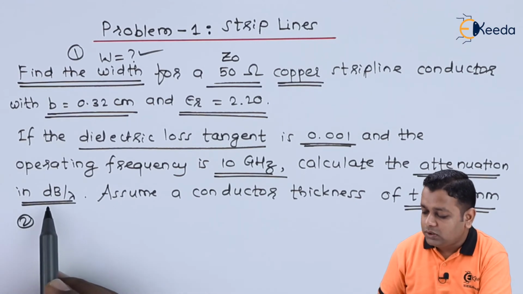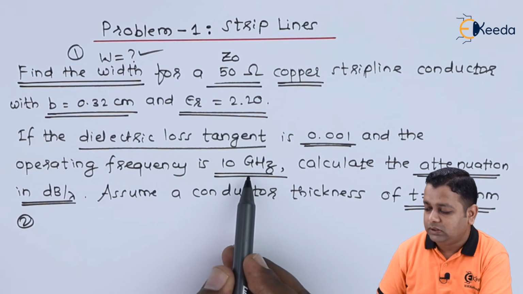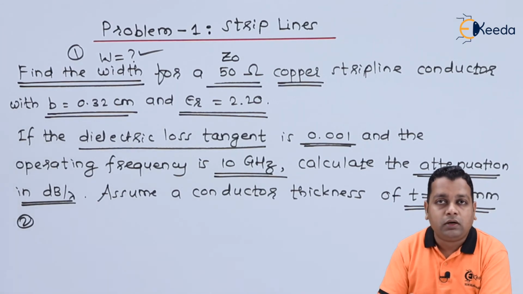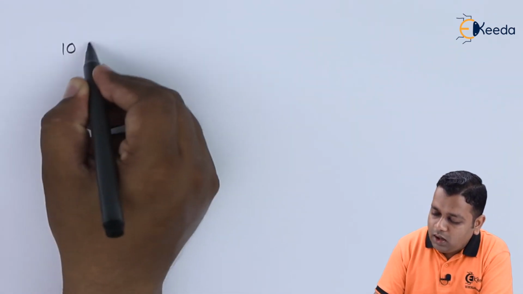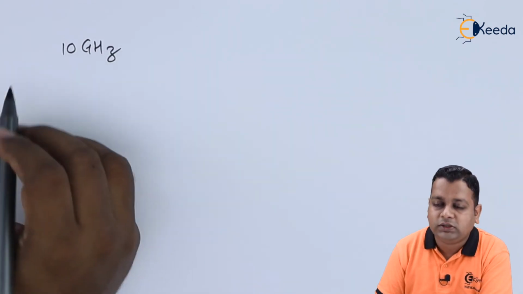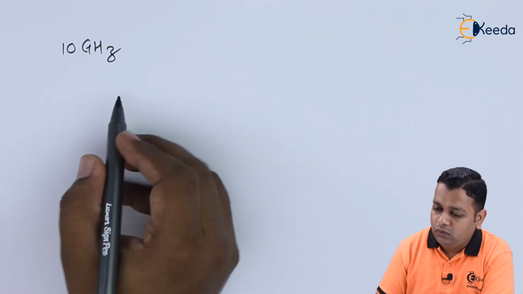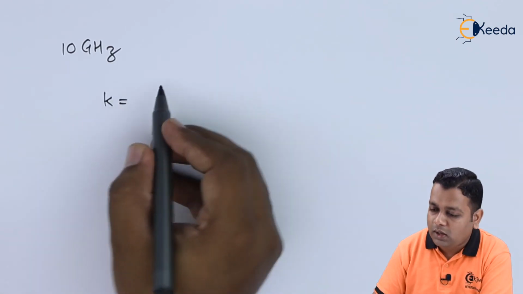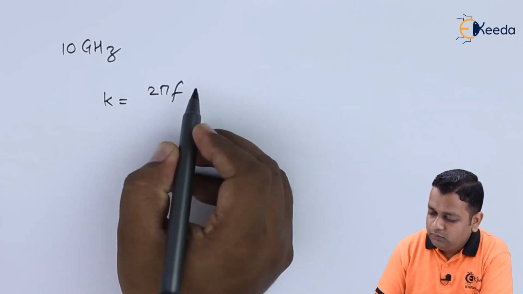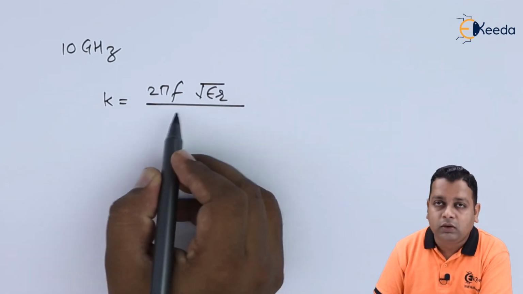For the attenuation measurement, we can first make use of the operating frequency, and then the attenuations for the two components can be calculated. So now at the 10 gigahertz frequency of microwave, we can first determine the wave number. Wave number is denoted by small k here, and it is computed as 2 pi f multiplied by square root of epsilon r divided by c.